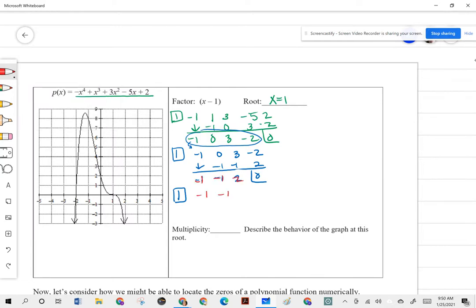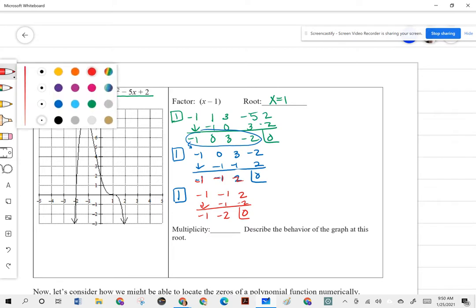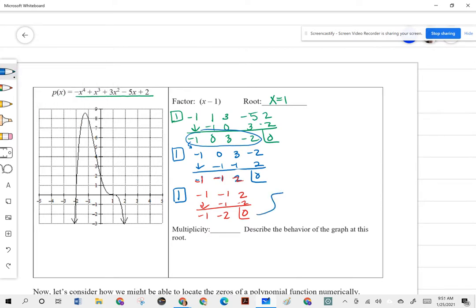So -1, -1, 2. Oh, look at that. We have another 0. Wow. So that's already 3, but now we need to continue to go on a little bit further. So let me just take 1 and take this information, -1, -2. Gives me -3.